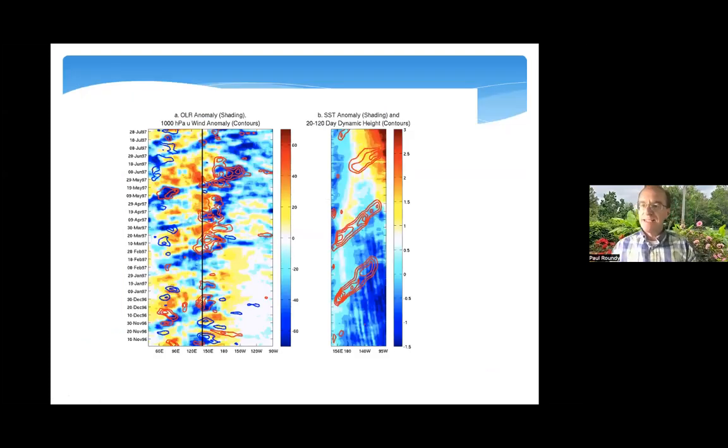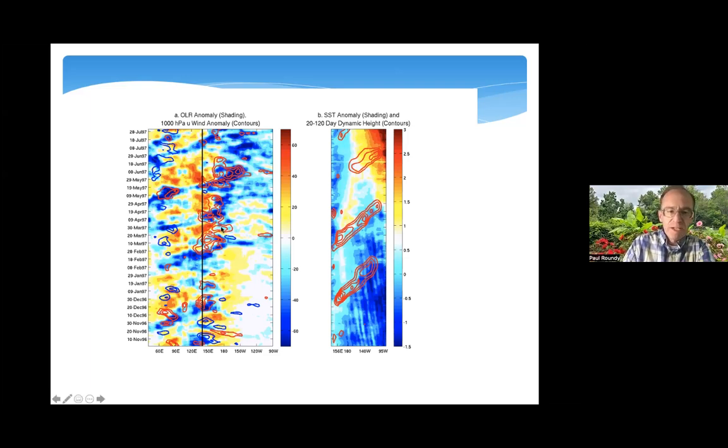A couple of events. This really sets the cautious stage for making a prediction for how ENSO is going to evolve. Left side, shaded as OLR, you see MJO events, MJO event, MJO event, MJO event. The red contours here represent westerly wind stress anomalies.